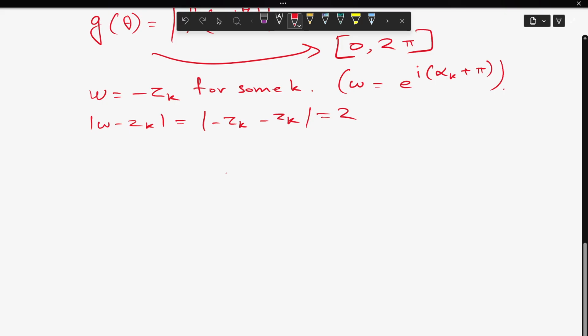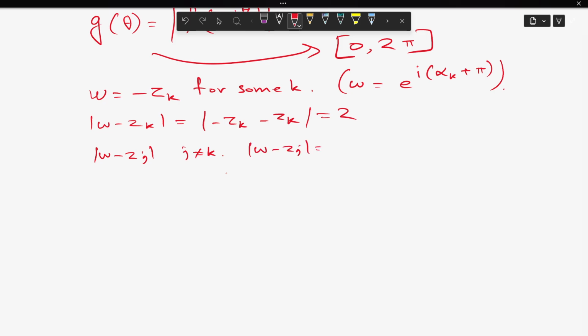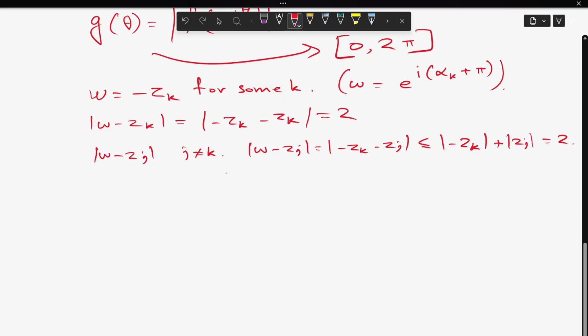For other factors, that means modulus of omega minus zj where j is not equal to k, we should have modulus of minus zk minus zj less than or equal to modulus of zk plus modulus of zj, that is equals 2.